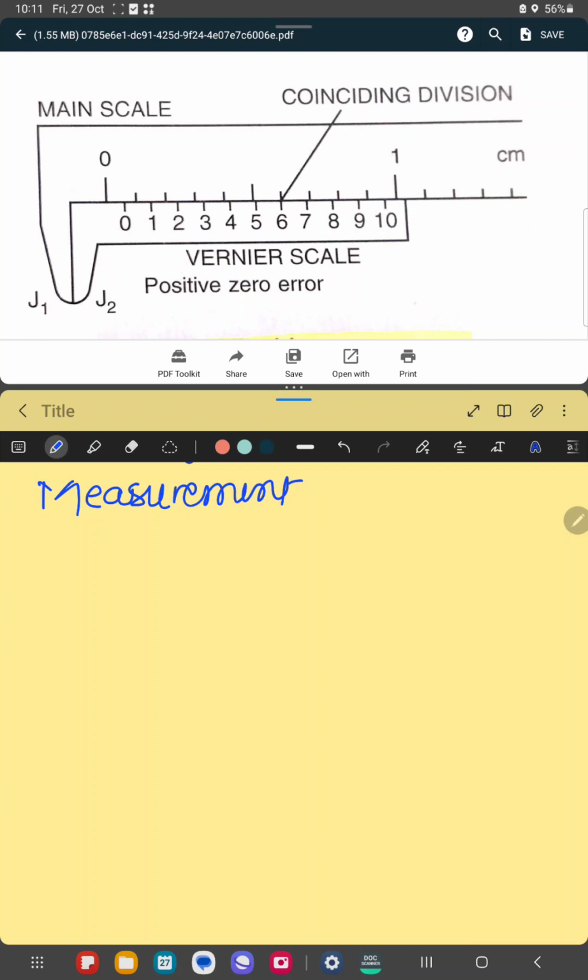And in measurement, this particular section is called experiments.